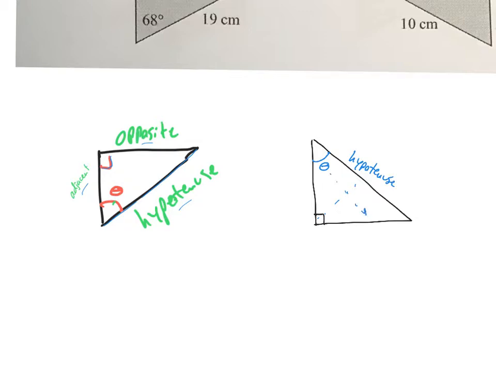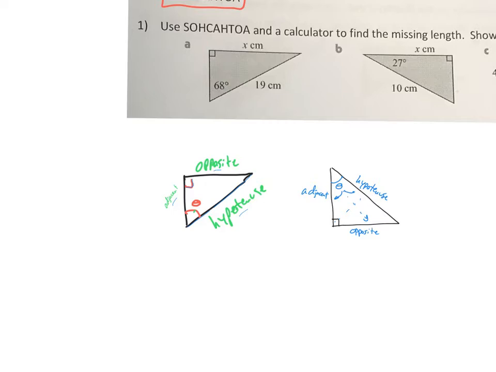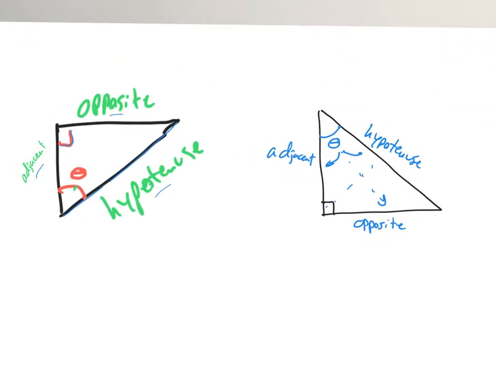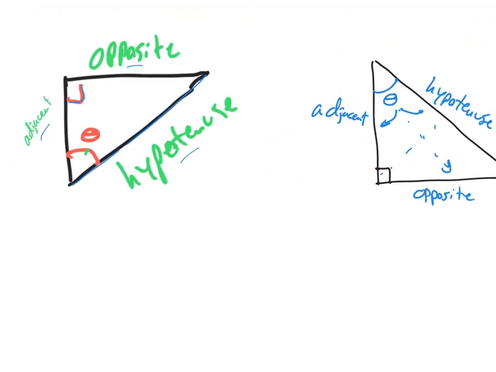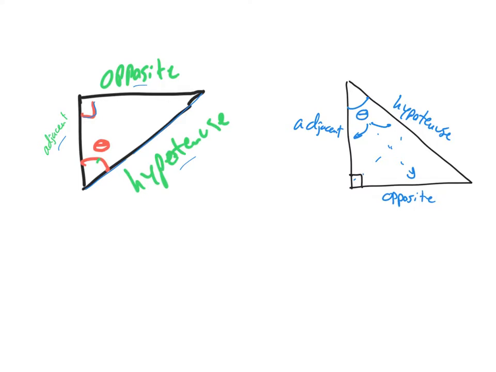Across from the angle itself, you'll get the opposite side. And the one that's right next to the angle but isn't the hypotenuse is called the adjacent side. So you should be able to identify the names of those sides in relation to the angle.